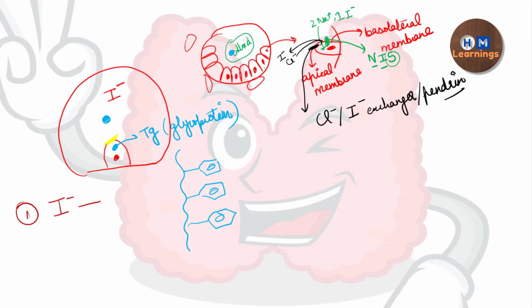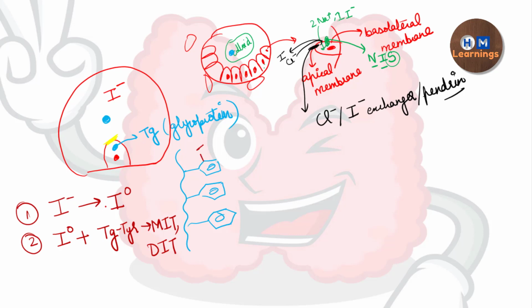will get oxidized to form iodine, and then this iodine will get incorporated at the tyrosine residues of thyroglobulin, these sites, to form monoiodotyrosine or diiodotyrosine.